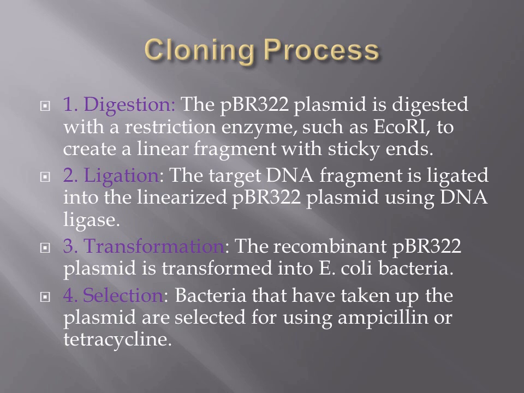The target DNA fragment is ligated into the linearized pBR322 plasmid using DNA ligase enzyme. The recombinant pBR322 plasmid is transferred into E. coli bacteria. The bacteria that have taken up the plasmid are selected for using ampicillin and tetracycline.